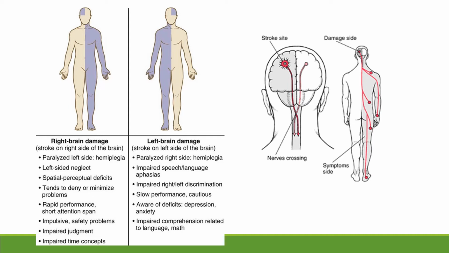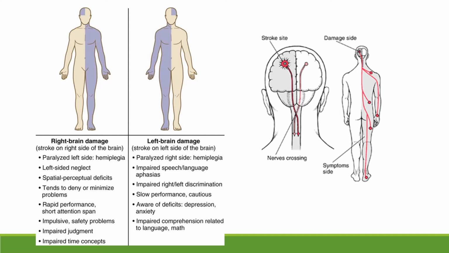They also, for left brain damage, are going to have the effects on the right side. That will be your hemiplegia, impaired speech or language, so they're going to have aphasias. The left side, again, is paralyzed on the right side.